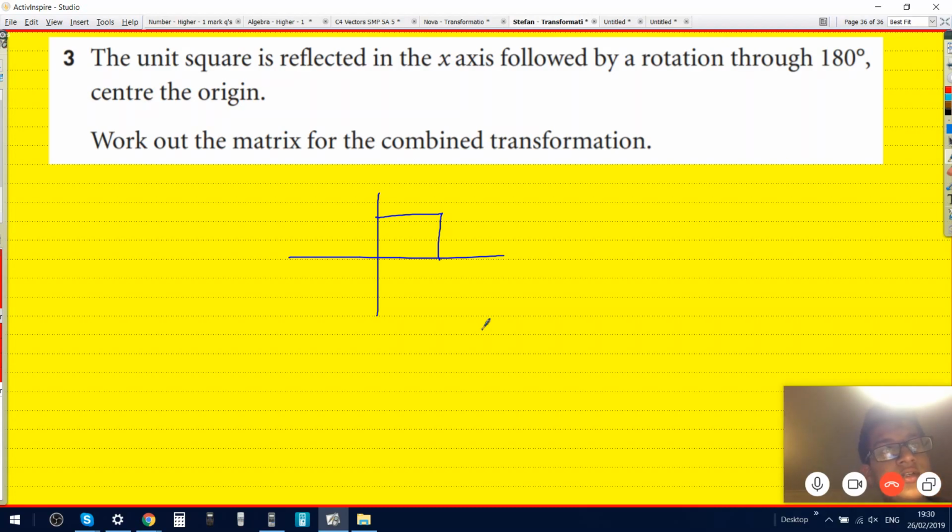And then rotated 180 degrees from the center of the origin. So that means the C goes somewhere here. Then it actually moves somewhere here. C double dash would be there. I imagine so.